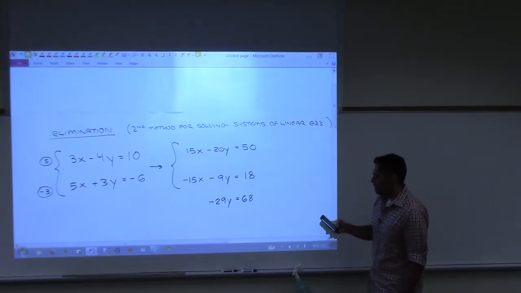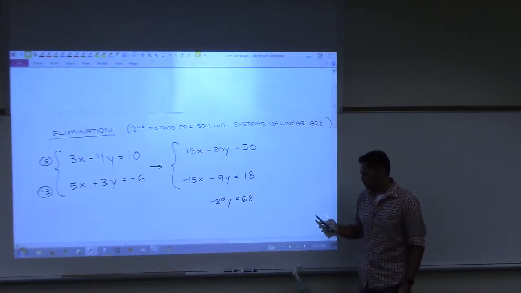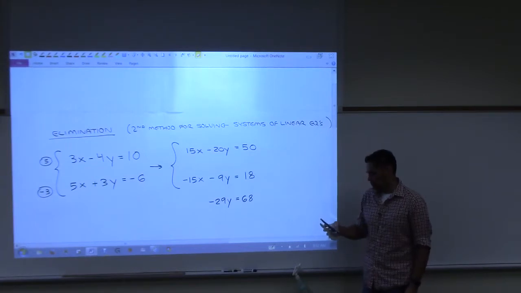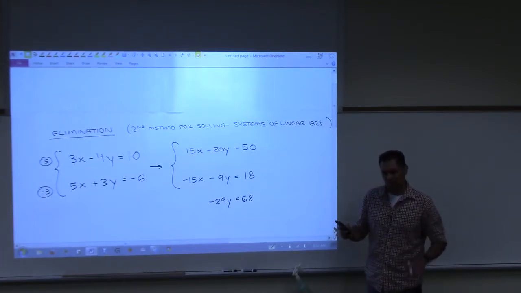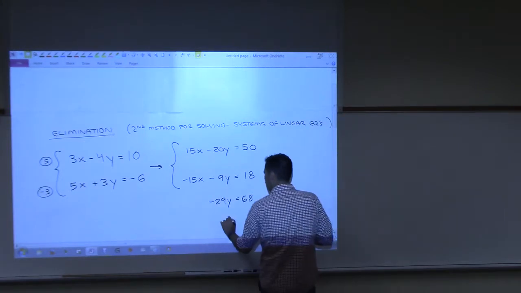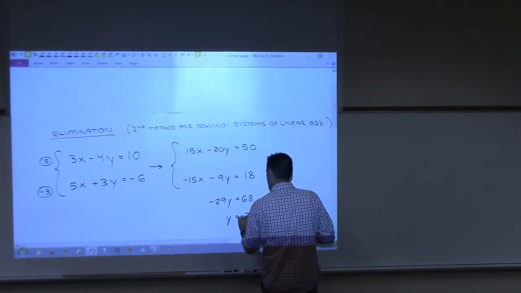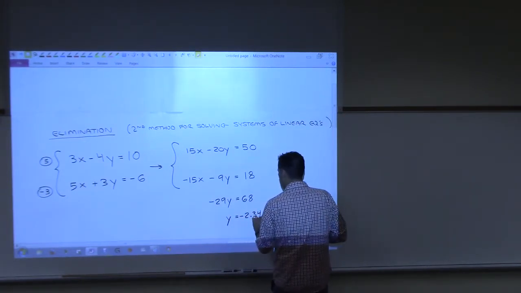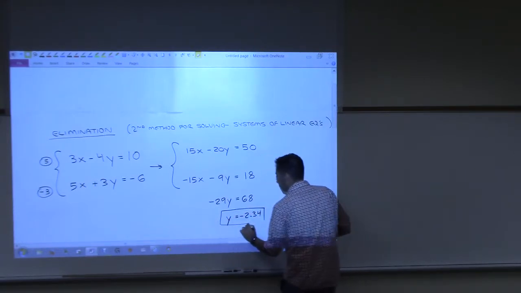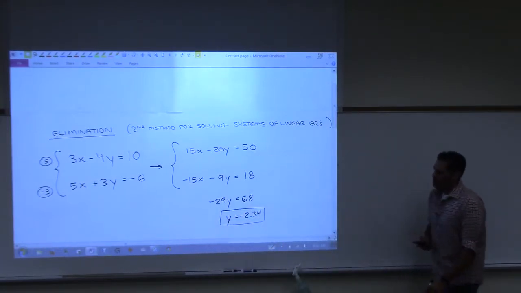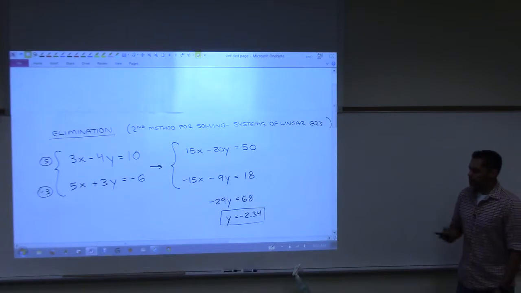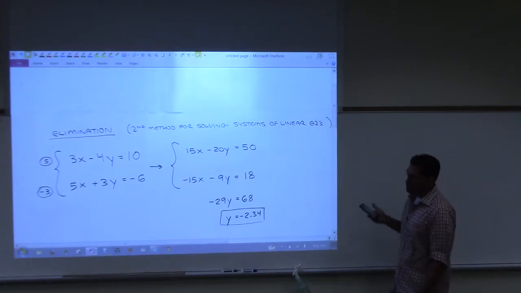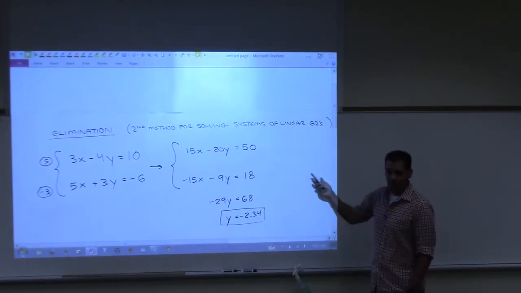So I'm dividing both sides by negative 29, right? 2.34, roughly, and it's negative. So negative 2.34. Let's go just 2 decimal places, that's good enough. And now what? Take that answer, plug it into any equation you want, right?